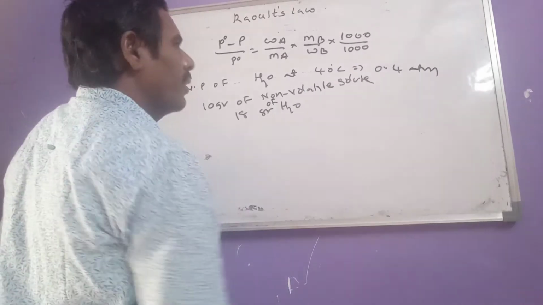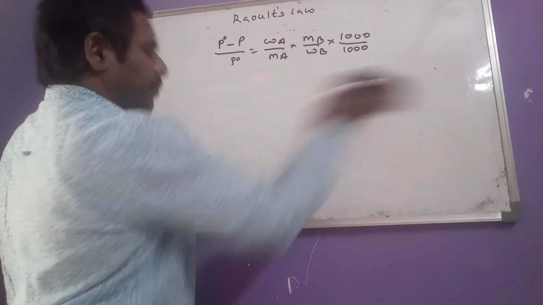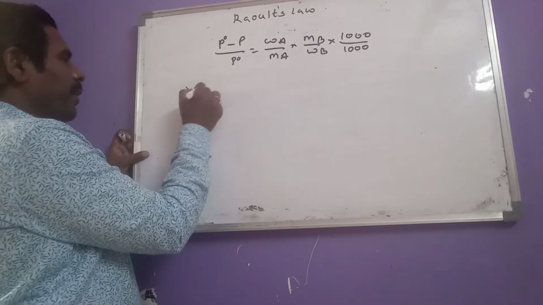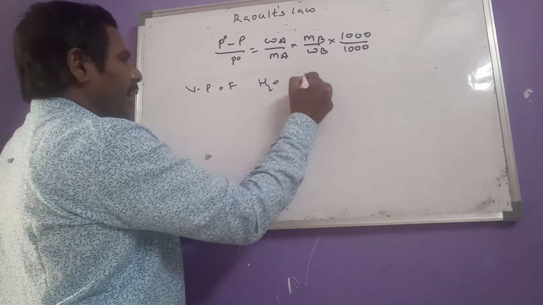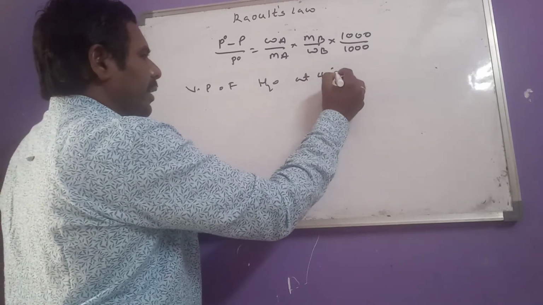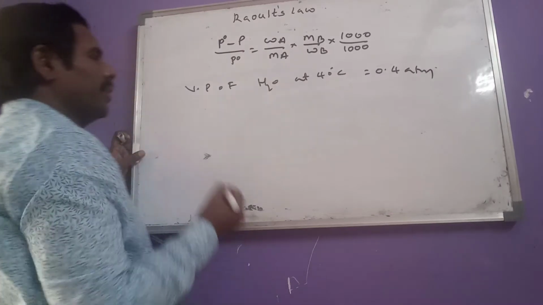Then I will write here again clearly. See here, vapor pressure of water at 40 degrees centigrade is 0.4 atmosphere.